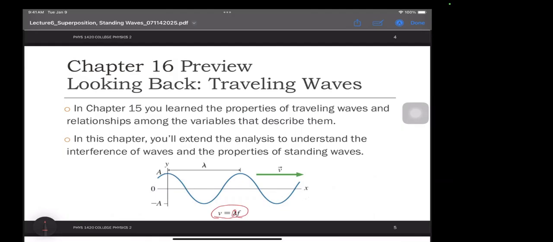You can also use velocity and wavelength to calculate the frequency. For a string, we have other equations to calculate the velocity. I don't know if you remember that.